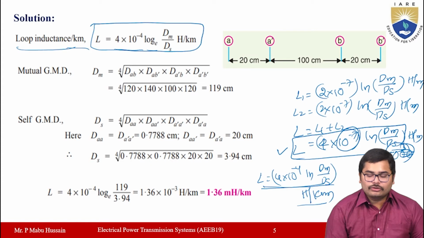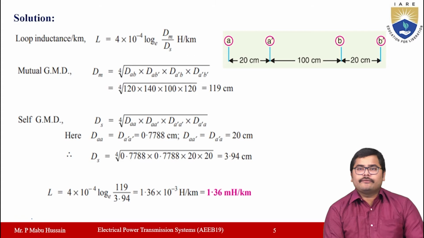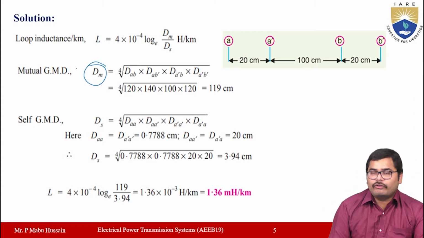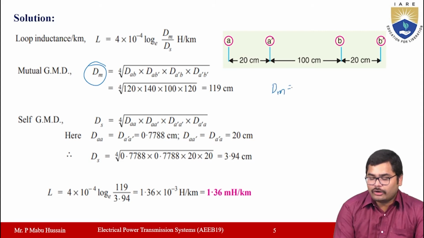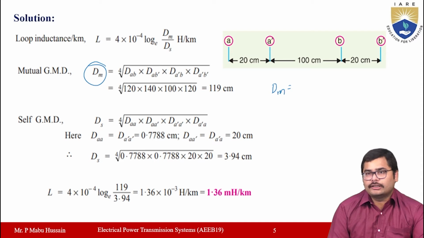Okay, so now here, what is the value of dm and what is the value of ds? You have to calculate. Dm here is nothing but mutual GMD and ds is nothing but self GMD. Right. So first to calculate the dm. So dm is the mutual GMD. Now while calculating the dm value, you have to take all the products of the mutual distances from one phase to the other phase, right?